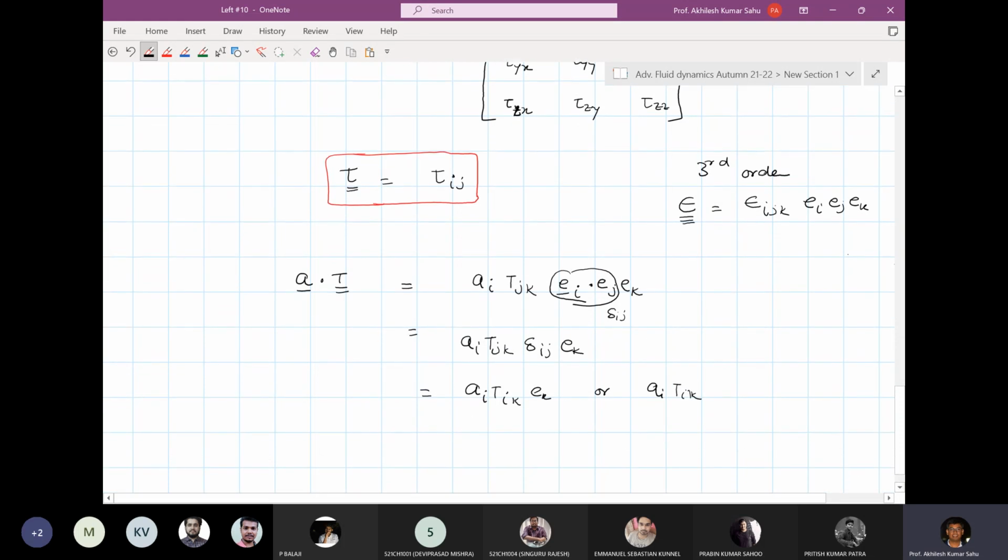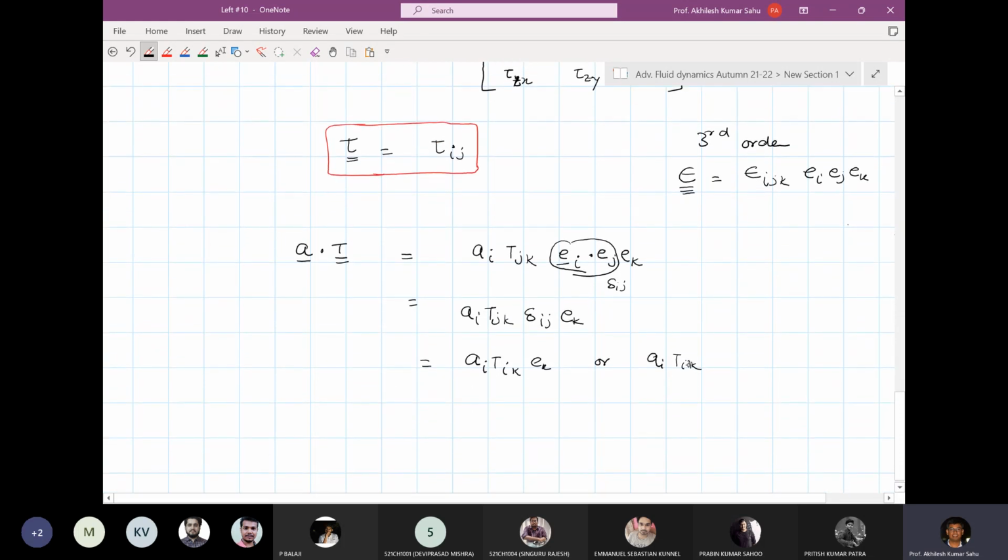The idea is, see, this is ai tik. Whenever there is a dot put, there will be repetition of the index. So a dot t will be ai tij. So the index of a and the first index of t are the same.